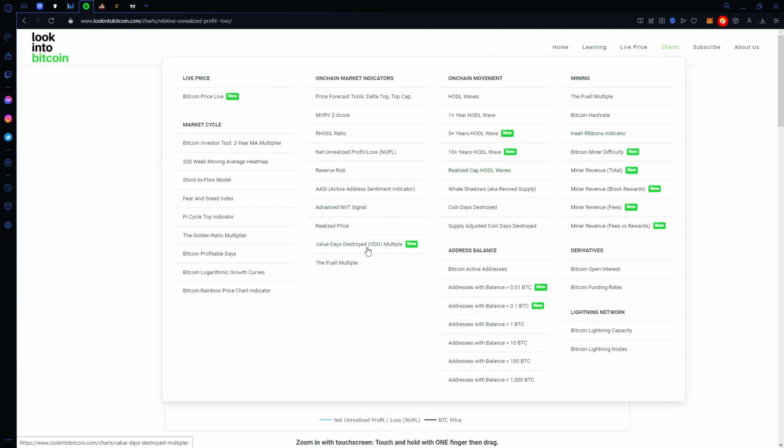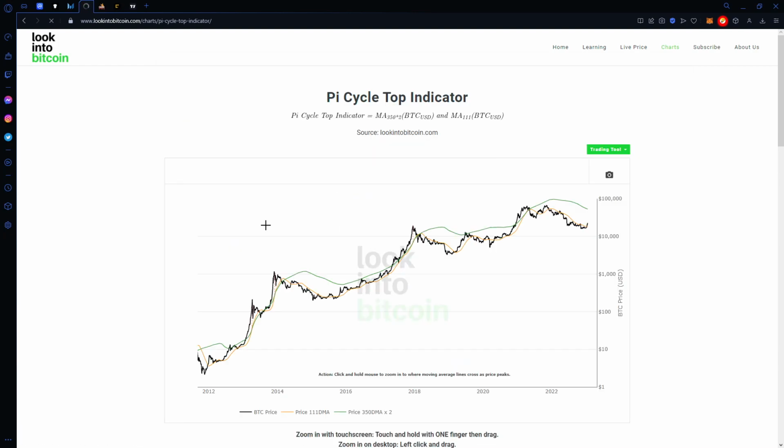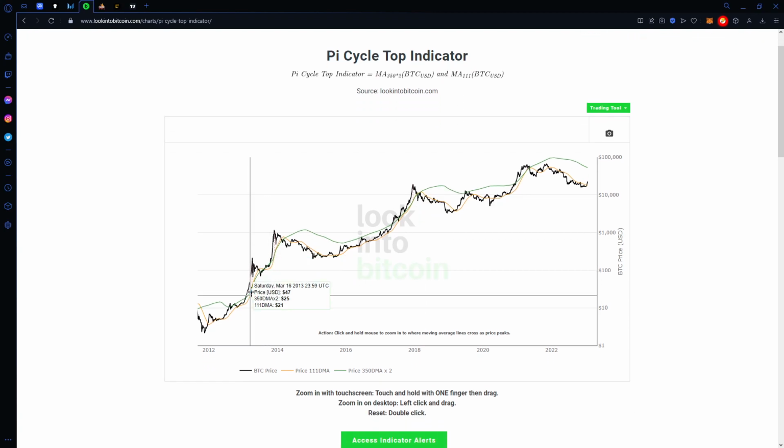as well as one other one called the Pi Top Indicator, which, if you did watch the video on Friday about moving indicators, is using moving averages, not indicators, sorry, moving averages on steroids. They have conformed their own moving average with this equation, and every time those lines have touched, as you can see, there is a top.